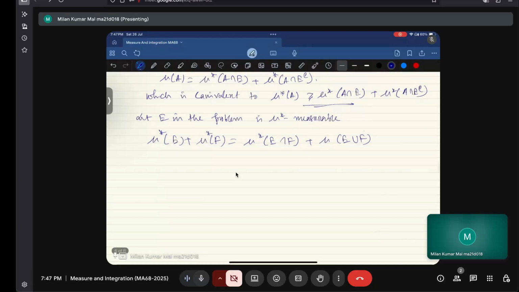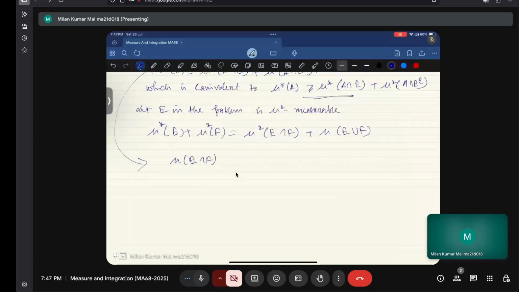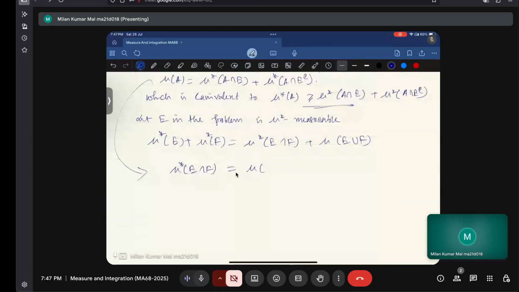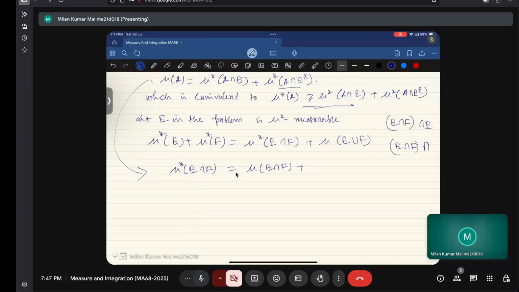In that way, if we replace here E intersection F, mu star of E intersection F is equal to mu star of E intersection F intersection E, that is E intersection F again, plus mu star of E intersection F intersection E complement, which gives the empty set.